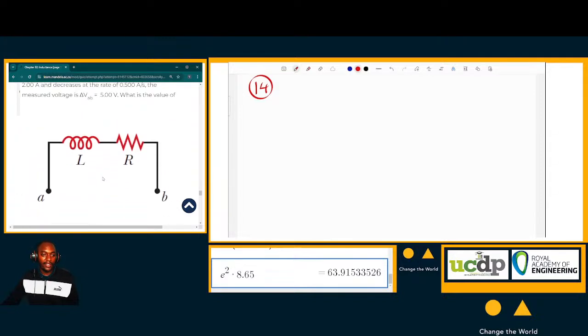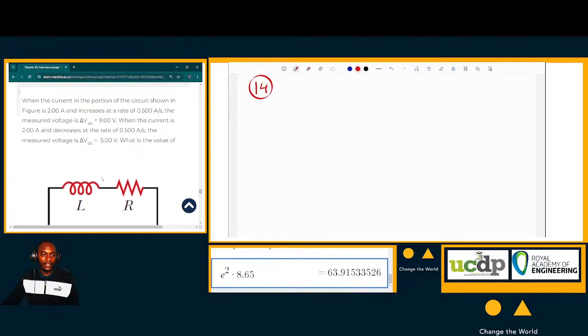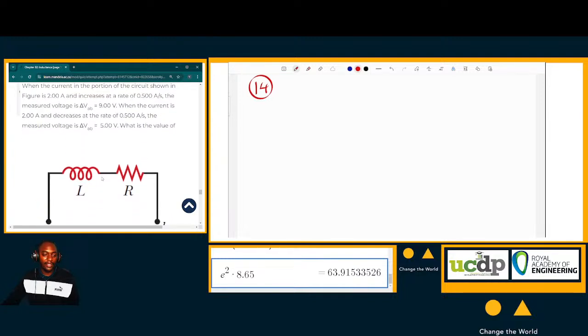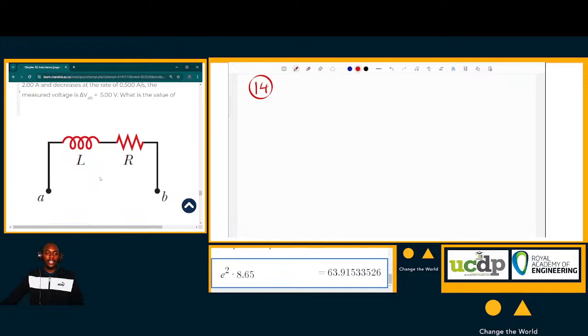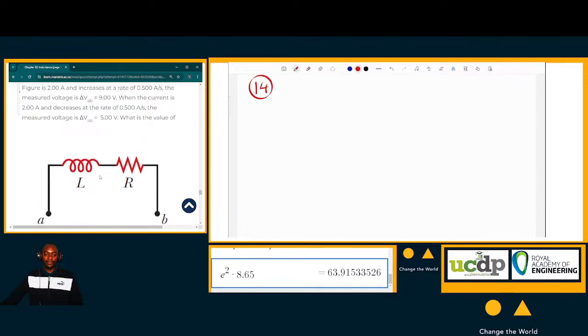So this is how our question looks like. It's just a partial circuit. We're expected to find the value for the inductor and the value for the resistor. First and foremost, we have to start by looking at the quantities that we are given.